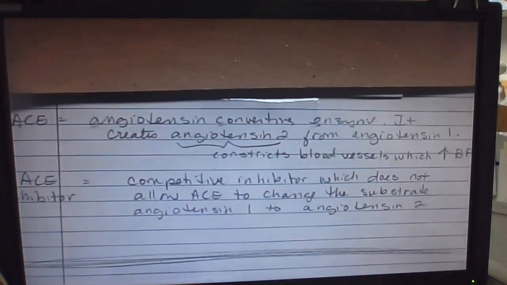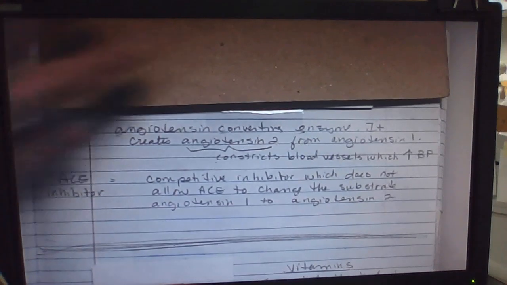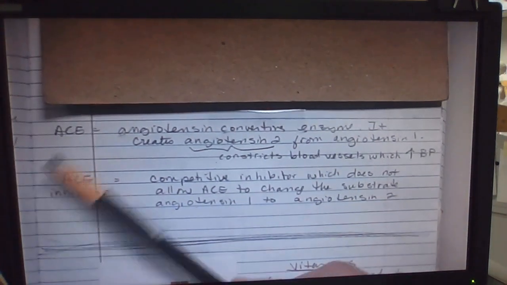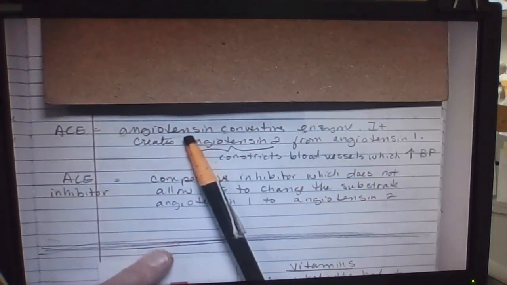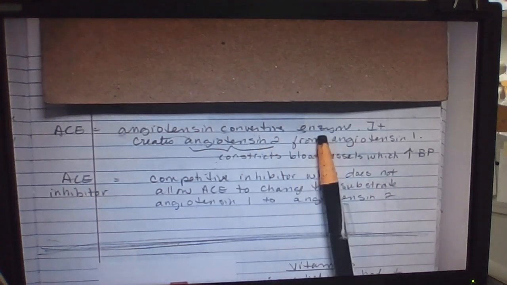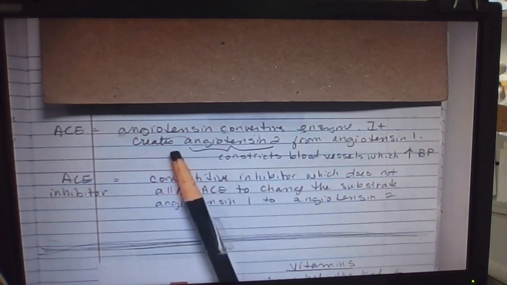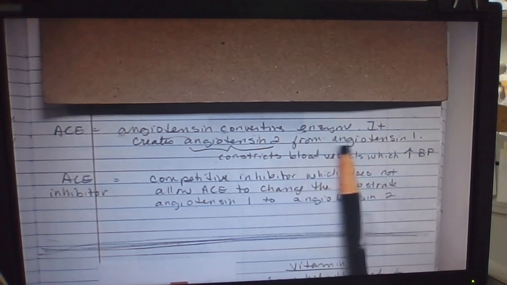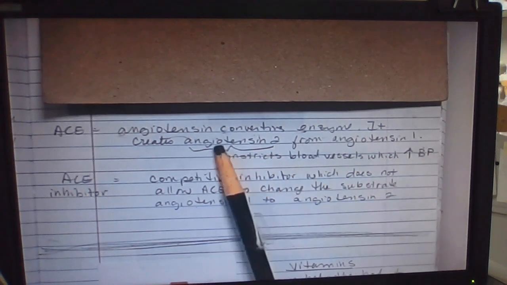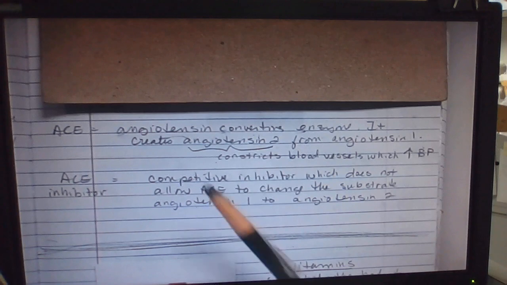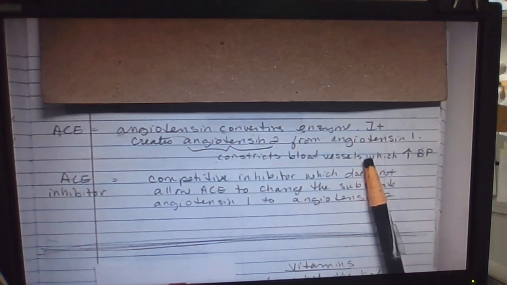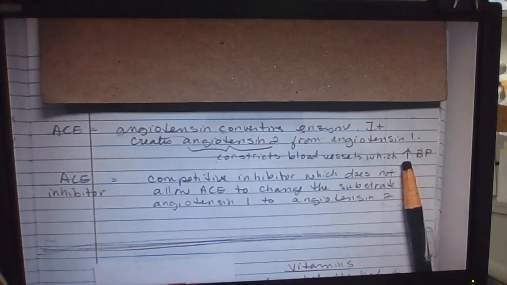So we looked at ACE, angiotensin converting enzyme. ACE creates angiotensin 2 from angiotensin 1. Angiotensin 2 has other effects on the body. For example, it constricts blood vessels, which helps to increase our blood pressure.